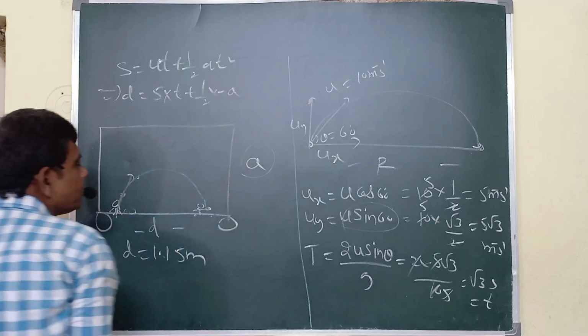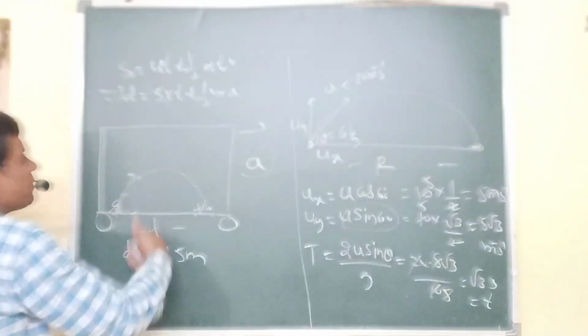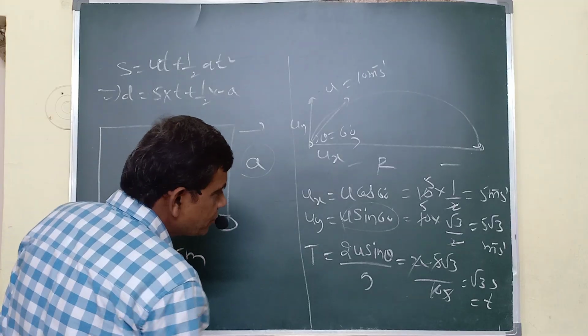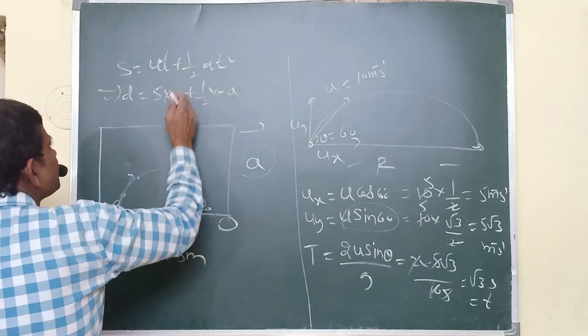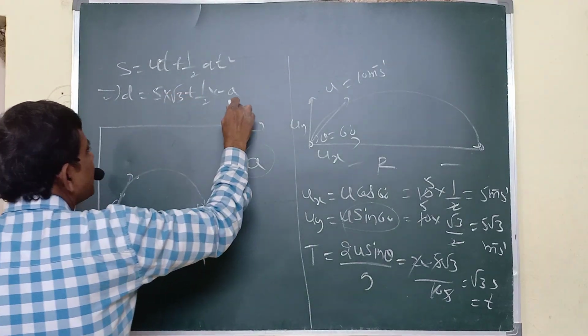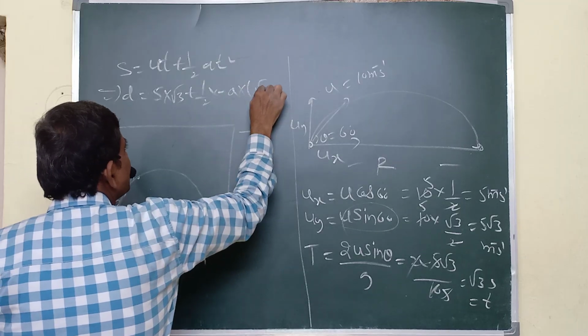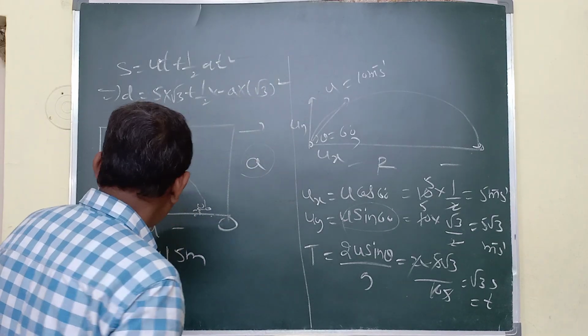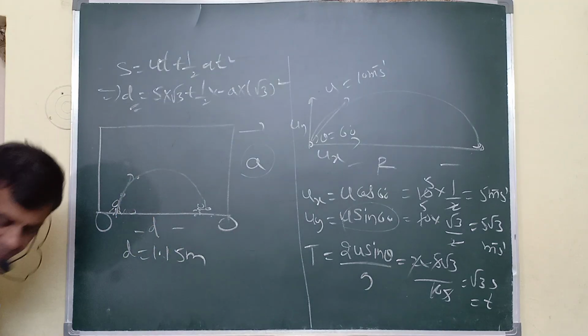Why minus a? The train is moving like this, so the reverse pseudo acceleration is minus a, into t square. Here t equals root 3, so 5 into root 3 plus half into minus a into root 3 whole square. This distance is given as 1.15 meters.